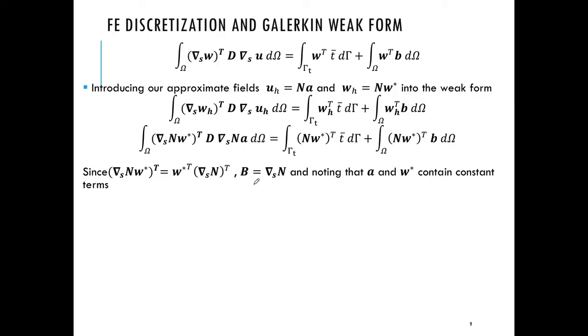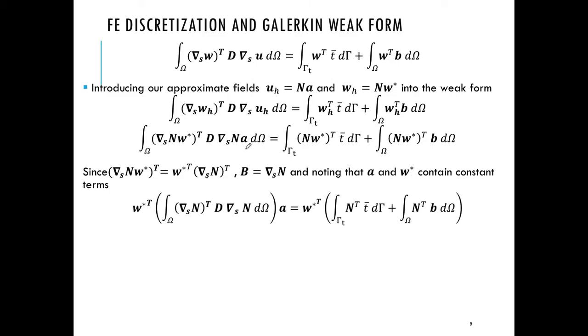So I'm going to say that B is the del S multiplied by N, and finally noting that my a and w stars are actually constants, so they are the nodal values, so I can take them outside of the integrals.